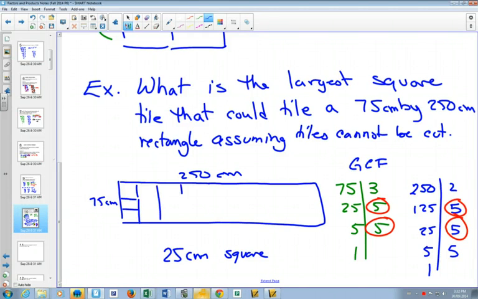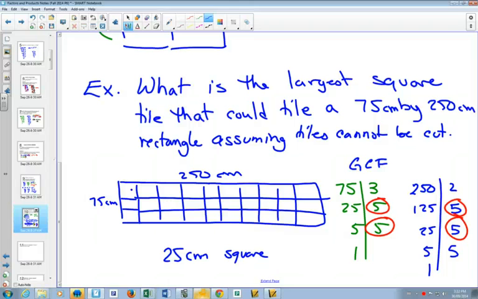And on the 250 side, I don't know if that's enough. Is that 10? 1, 2, 3, 4, 5, 6, 7, 8, 9. Oh, it is. Yes, 10. So the square would be 25 centimeters on each side.